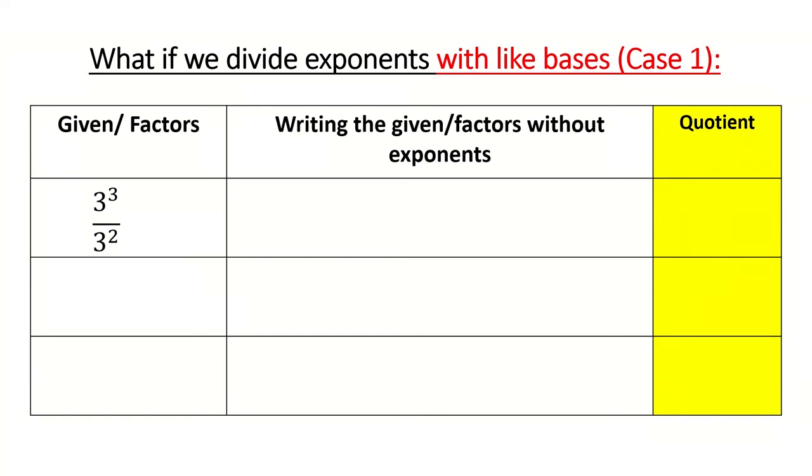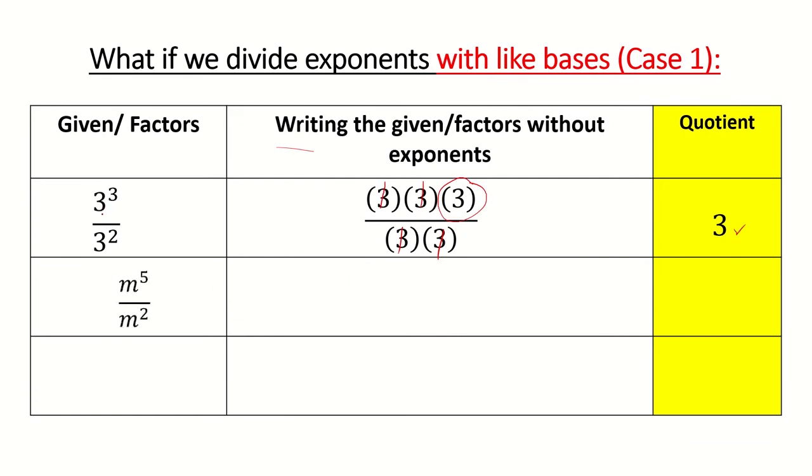Based on what we know before, we can write 3 cubed as 3 times 3 times 3 and 3 squared as 3 times 3. And we cancel out one set of 3's in the numerator and denominator, another 3. And what is left is just one 3. So the quotient is 3.